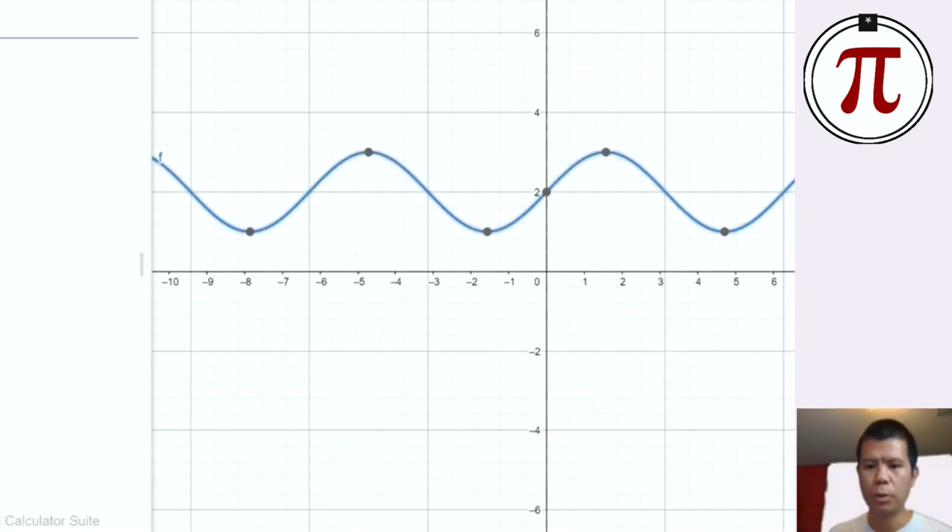You see, this is what it looks like. It seems that for y equals sine x plus 2, at the point 0 it goes through 2. So it seems we do not need any horizontal phase shift as well.